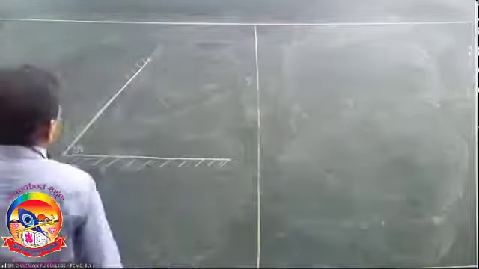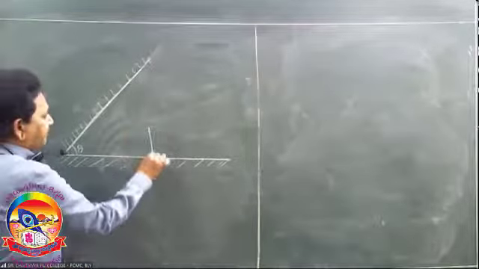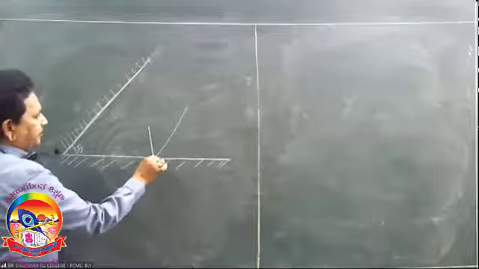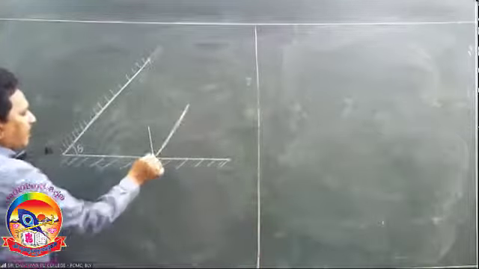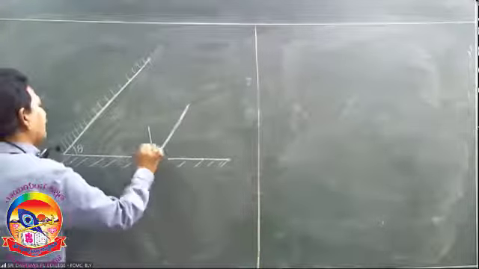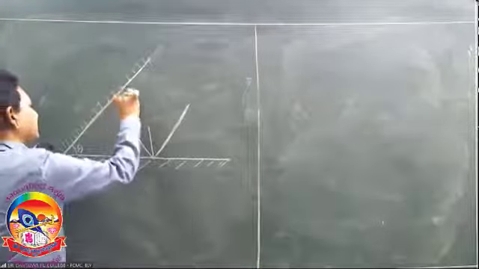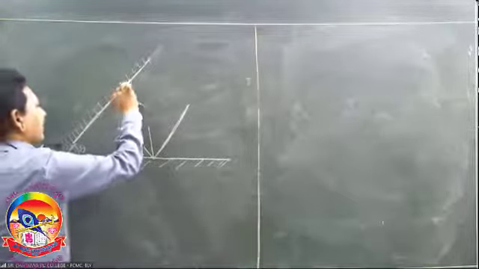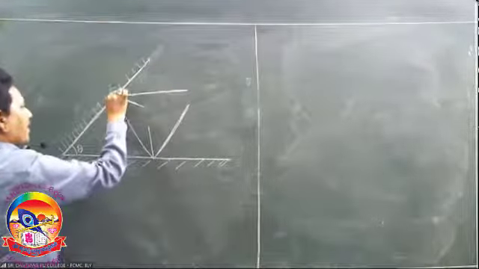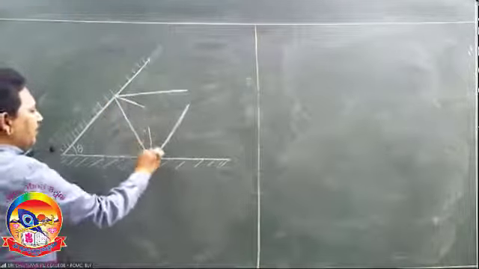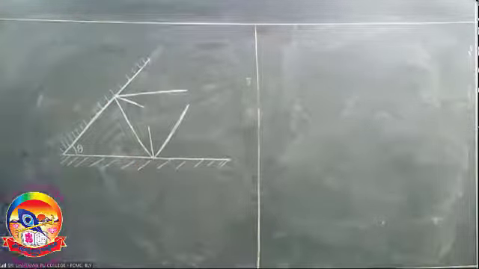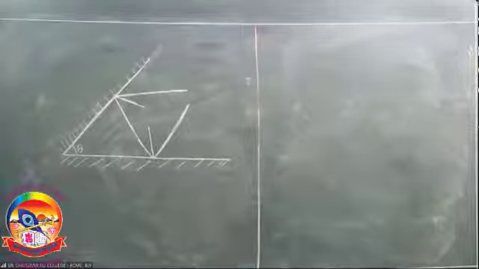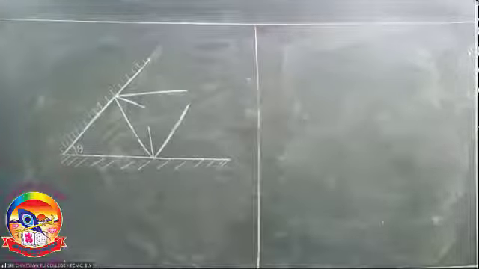First the light ray falls on the first mirror, and once again falls on the second mirror and reflects. I want the total deviation, with one reflection at each mirror.